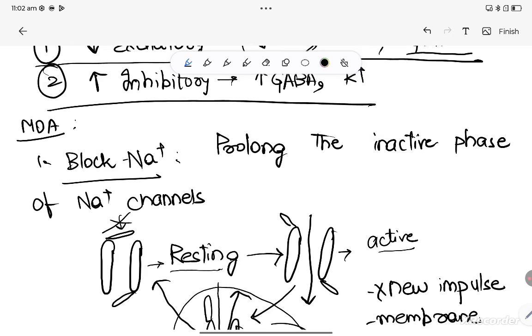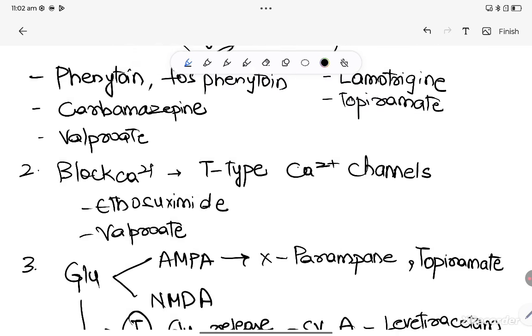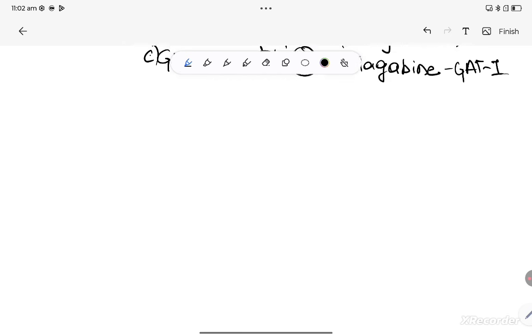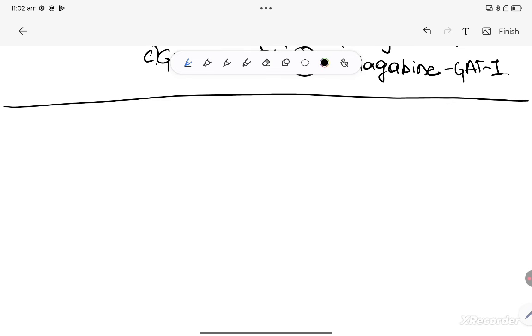With this background, let us go into individual drugs. We are not going to discuss all the drugs. Phenytoin, valproate, carbamazepine is what we are going to talk about more. With respect to phenytoin, it is an age-old drug.